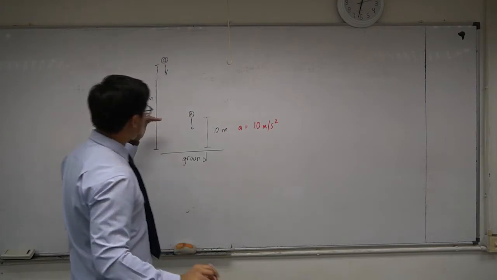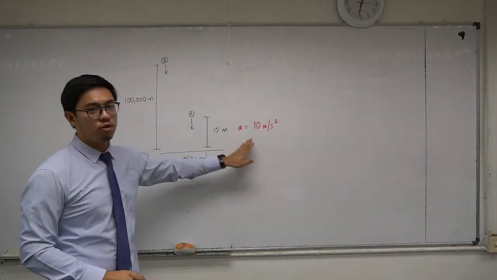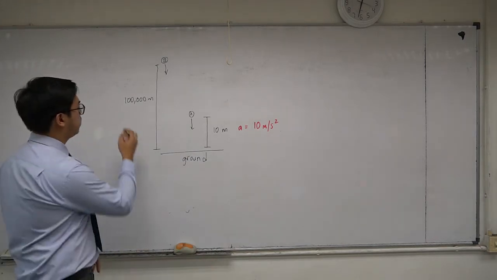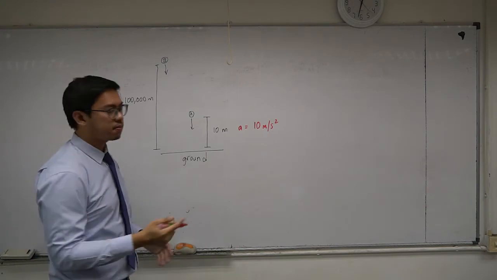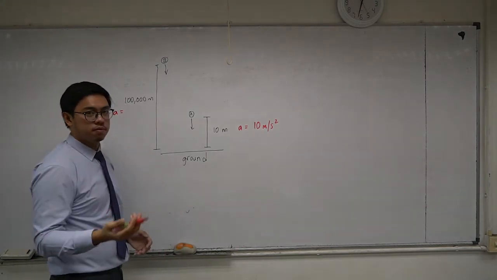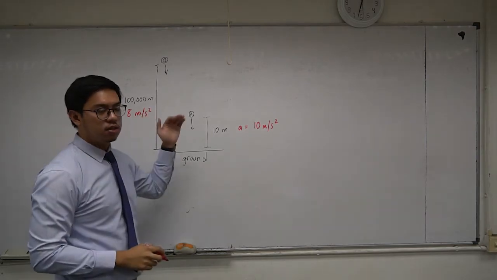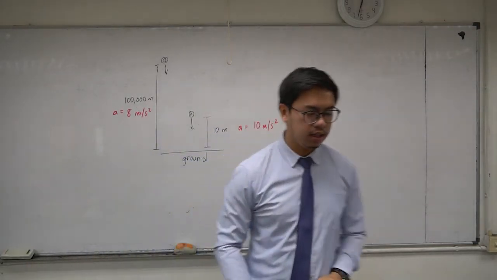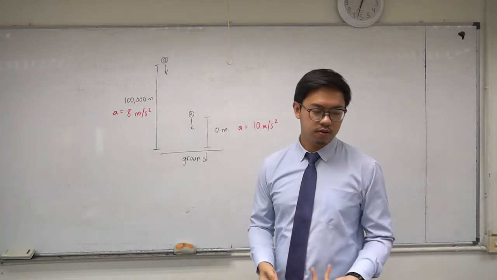But this object, because it's at a higher altitude, it will have a smaller acceleration due to gravity. So the acceleration for this object B will be probably about, let's say, I'm just giving random numbers here, 8 meters per second squared. Okay? So the acceleration due to gravity depends on the altitude from which the object is falling.